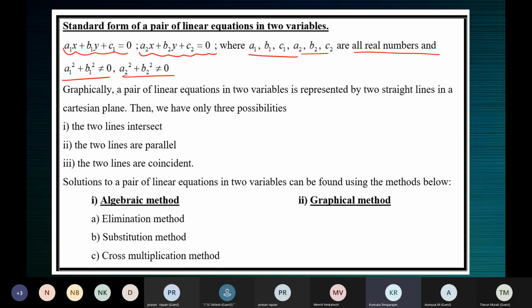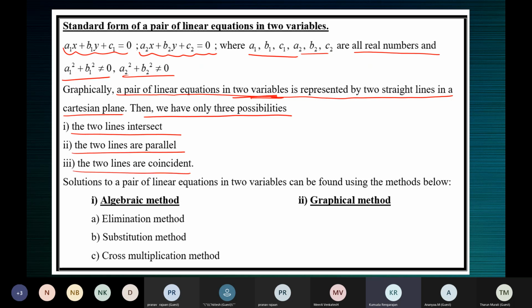Okay, so graphically, a pair of linear equations in 2 variables. A pair, that means 2. 2 variables x and y and 2 equations is represented by 2 straight lines in a Cartesian plane. Then we have only 3 possibilities. How will these 2 lines behave? The 2 lines intersect. The 2 lines are parallel.